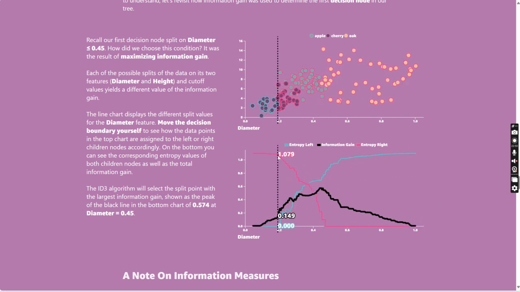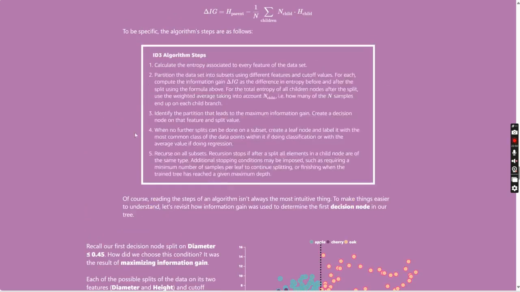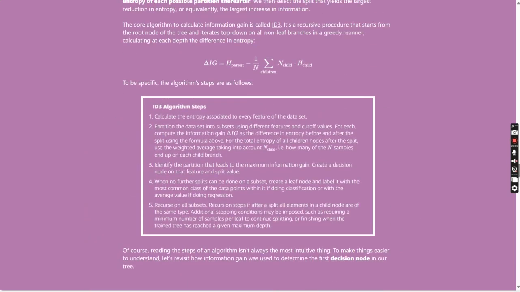So this way, on the basis of diameter, the data points are being classified. I will share the link to this. You can read it through at least once. It will take 5 minutes. Spend 5 minutes so that you can get a better understanding. So this way the splits are happening. It's all a game of entropy and information gain. That is what the ID3 algorithm is saying here.